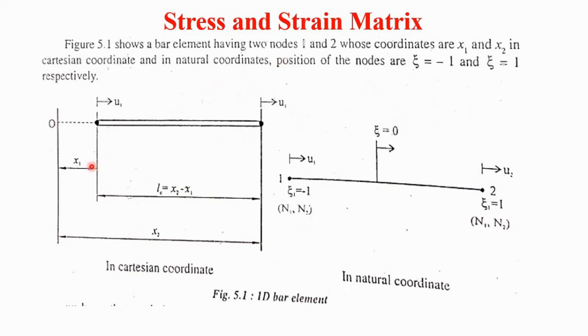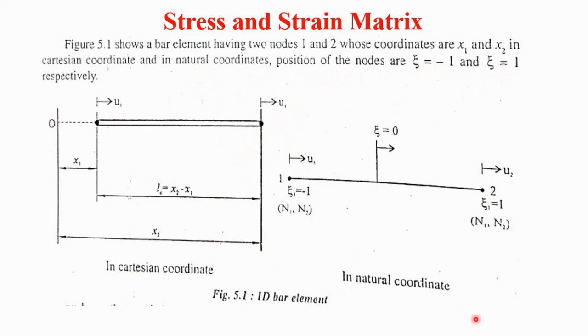In natural coordinates, the positions of the nodes are zeta equals -1 and zeta equals +1 respectively.